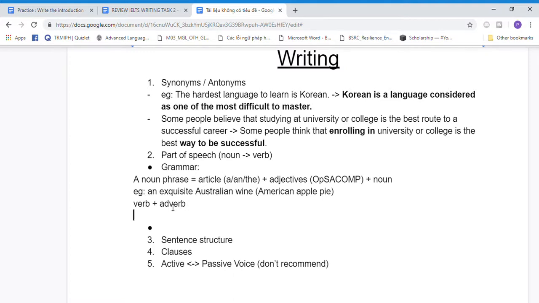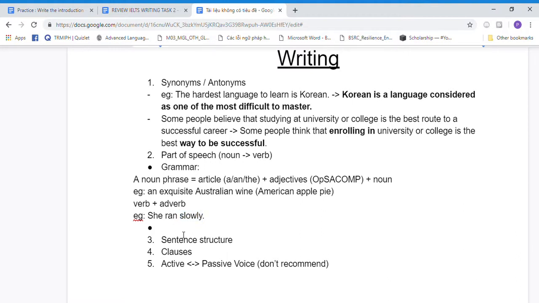For example, she ran slowly, right? This is an easy example, but it's true. This is the verb, and this is an adverb, right?